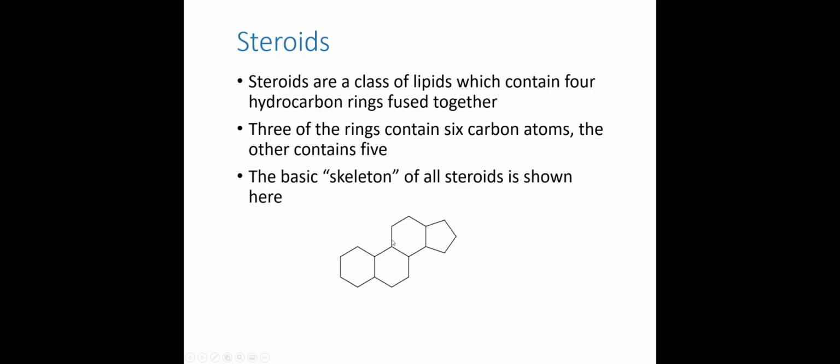And that is also fused to another 6-membered carbon ring, which is fused to a 5-membered carbon ring. As shown, these are all cyclohexanes, except this is a cyclopentane ring, although it is possible in some steroids for these to be aromatic. It simply depends from steroid to steroid. But whenever you see this kind of pattern here, you should recognize that as a steroid.